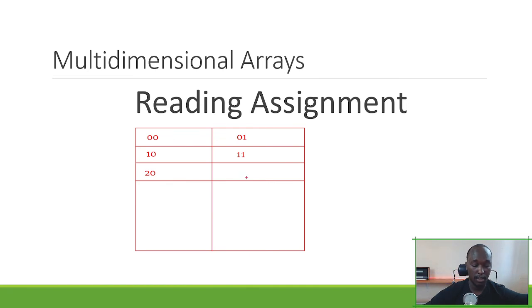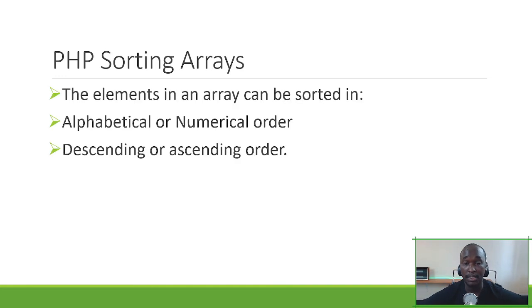And here it is index 2, 1, etc. So that is what we call a 2D array. So we also have a 3D array. So please spare some time and read about multidimensional arrays on the site W3 Schools.